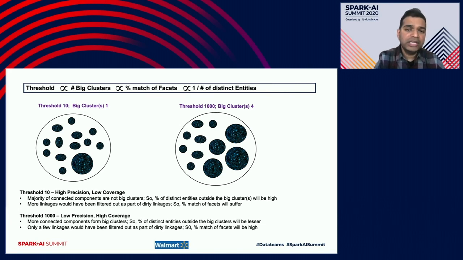There are multiple small, precise connected components belonging to individuals, but there is one connected component which is huge. Whereas if you keep the threshold at 1,000 by keeping more linkages in the system, the number of big connected components has increased from 1 to 4, and the number of precise connected components has reduced.